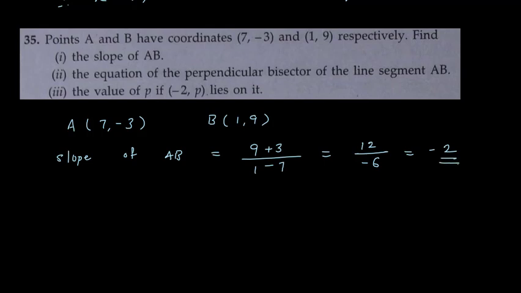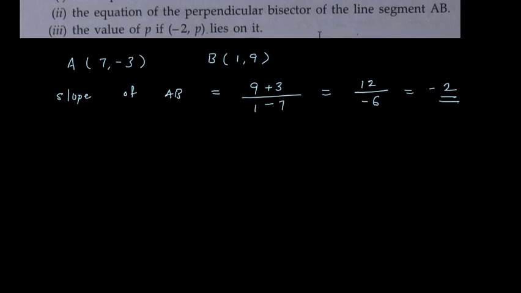The equation of the perpendicular bisector of line segment AB. Perpendicular bisector means, say this is A, this is B, and say there is a midpoint C, and I will draw a perpendicular at this point C. Say this is point E. Okay, so EC is perpendicular to AB.